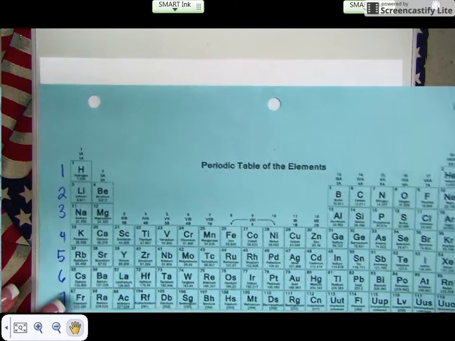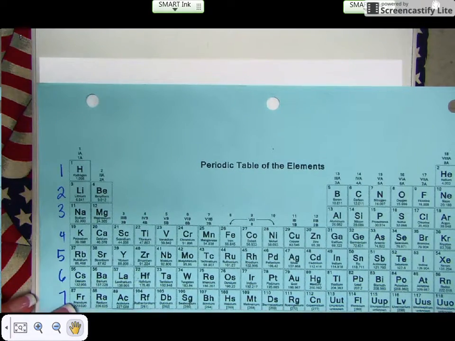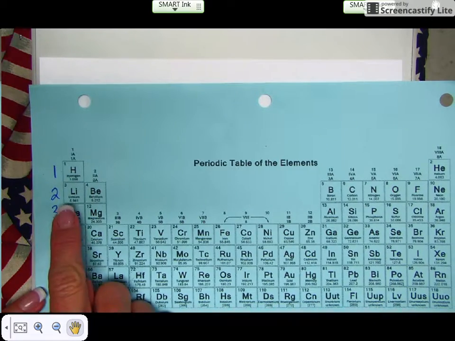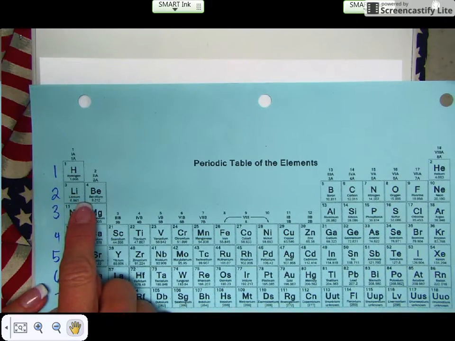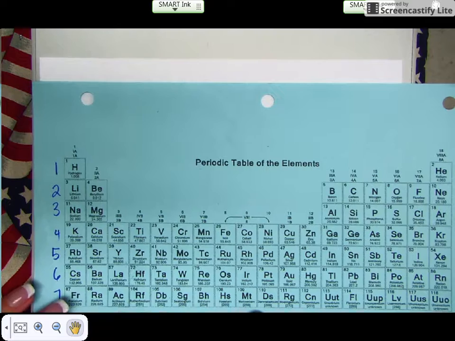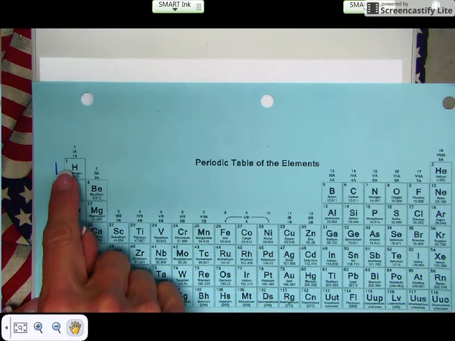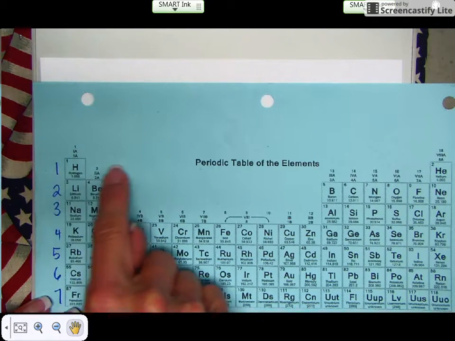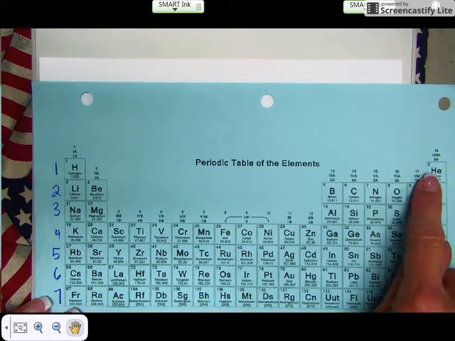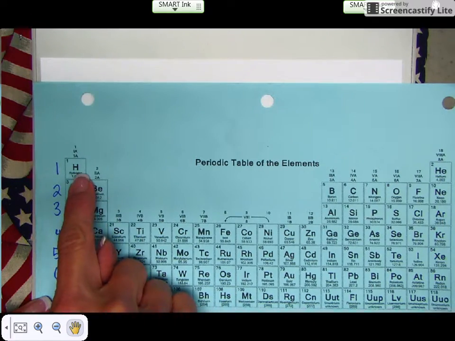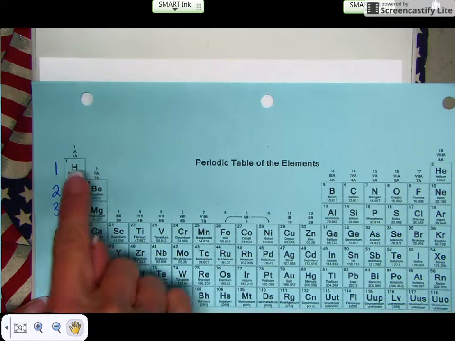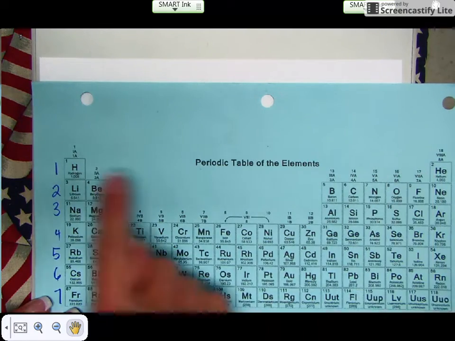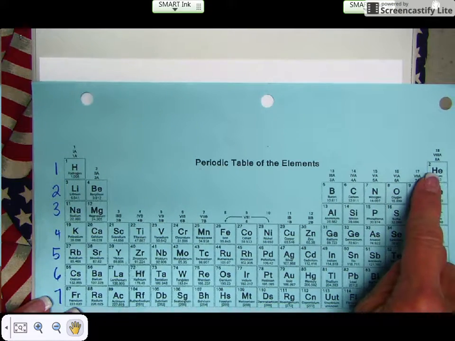All right, another thing that I want y'all to understand is that on our Bohr model, each energy level, in fact, does represent what you would find on that particular energy level for each of the periods. So the first energy level in our atom only has 2 electrons in it, because if you look at the first period on the periodic table, you'll see there's only hydrogen and helium in that first period.